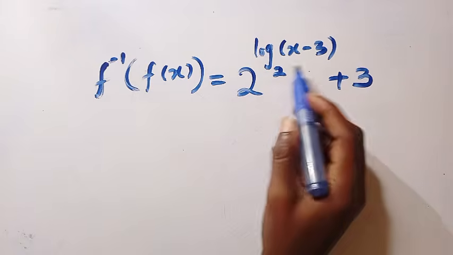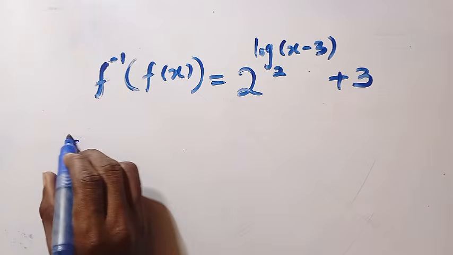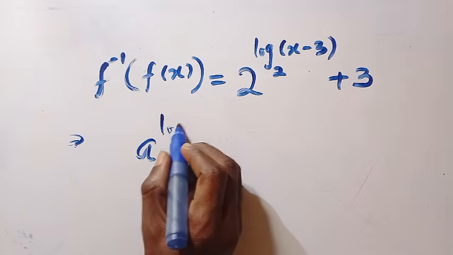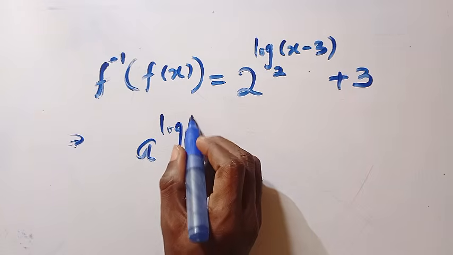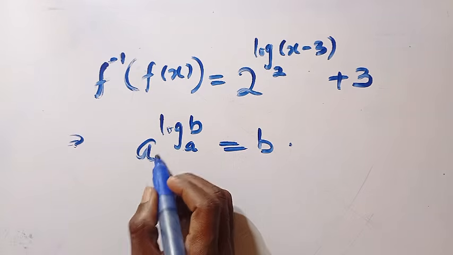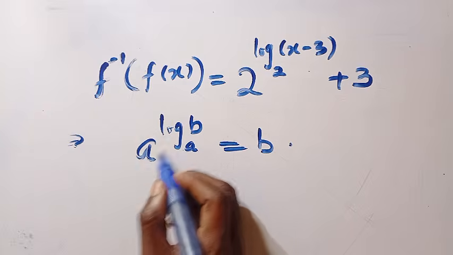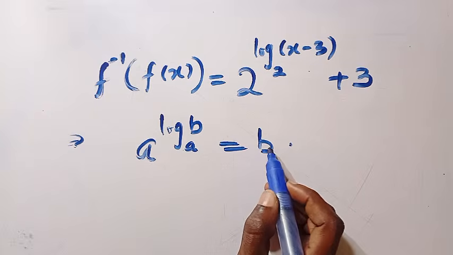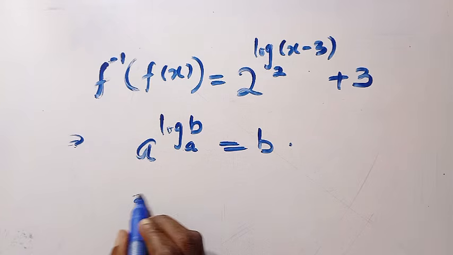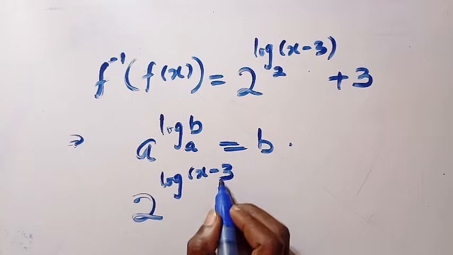Looking at this, there is a rule of logarithms that says, suppose we have a raised to the power of log base a of b. This equals b. The base of the exponent and the base of the logarithm cancel each other and we have only b. Now comparing it with this, we have 2 to the power of log base 2 of (x minus 3).